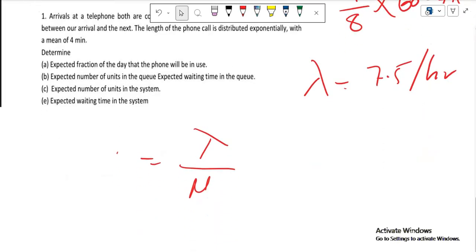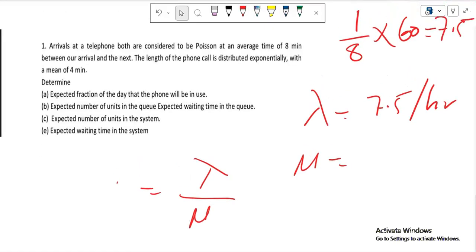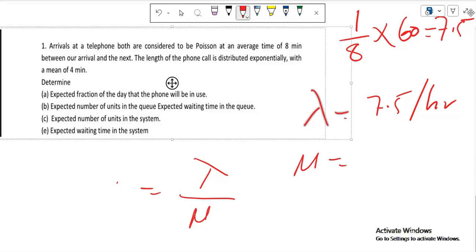All right, what about our mu, which is the service time? We've been told that our service time is 4 minutes, isn't it? The length of the phone call is distributed exponentially with a mean of 4.